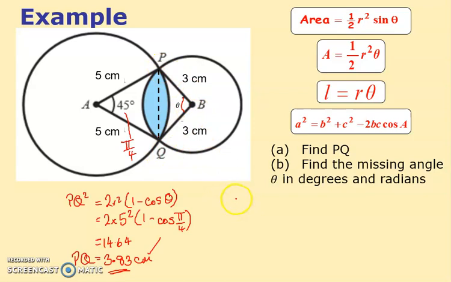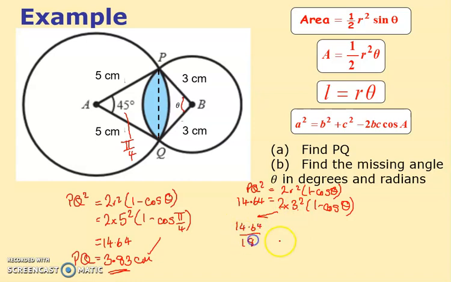If I do it on the other side, I know that 14.64, that's the PQ squared, now equals the same thing on this side, so it equals 2r squared, 1 minus cos theta. Different r, different cos. So it's 2 times 3 squared, 1 minus cos theta. So if I move that over, that's 9, that's 18. 14.64 divided by 18 is 1 minus cos theta.